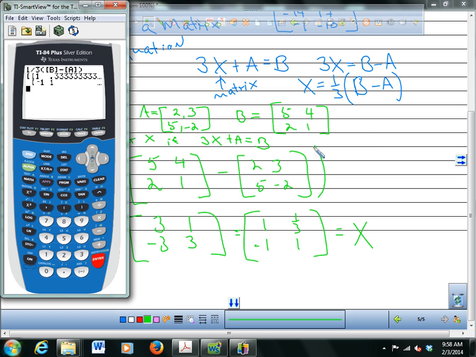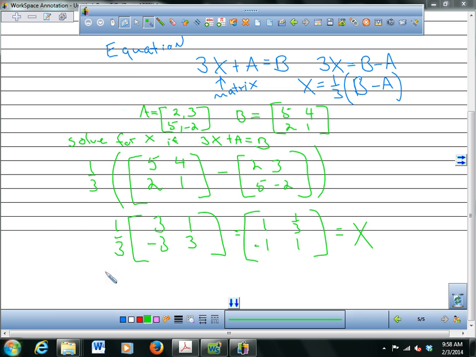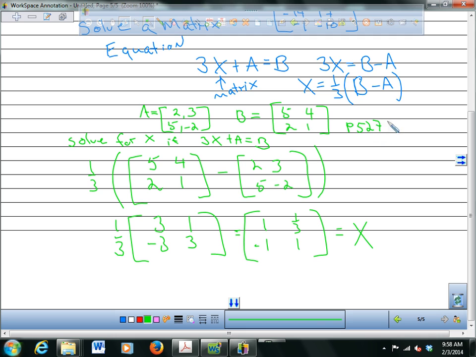But for right now, this stuff's pretty easy to do. Okay? So your homework is page 527 on my website. And it says check with your calculator. It doesn't say do with your calculator. It says check.